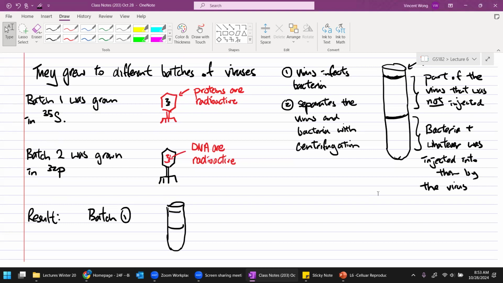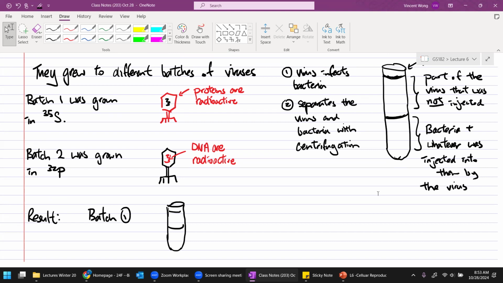Sure. Batch 1 was labeled with the proteins labeled, right? The proteins are radioactive. They infect the bacteria with these viruses. Okay. So after these viruses inject something into bacteria, they separate it. So the virus goes on the top, and then the bacteria with whatever was injected goes to the bottom. The protein is radioactive. So I'm asking you, what result do you expect?